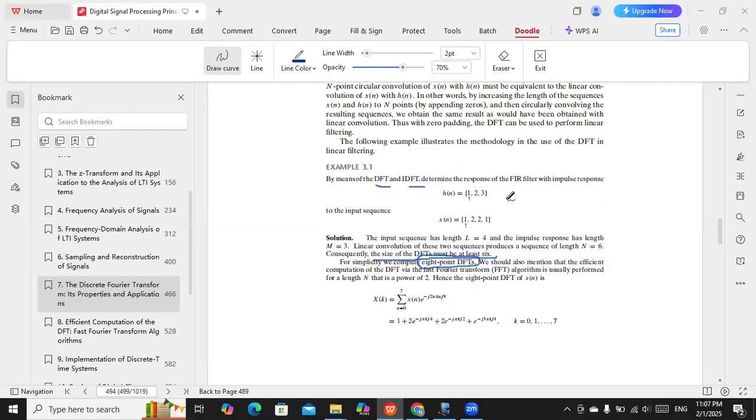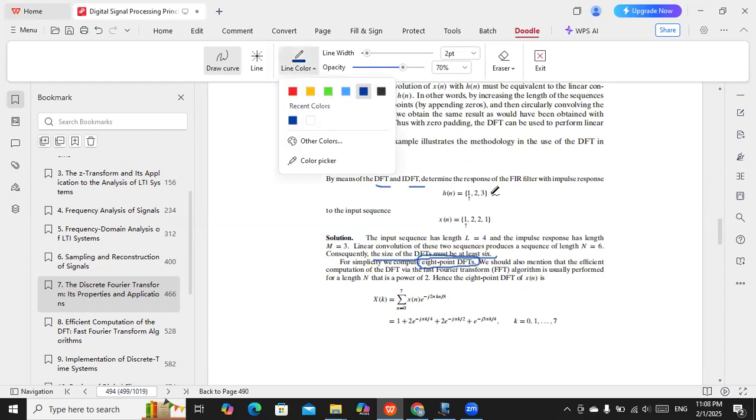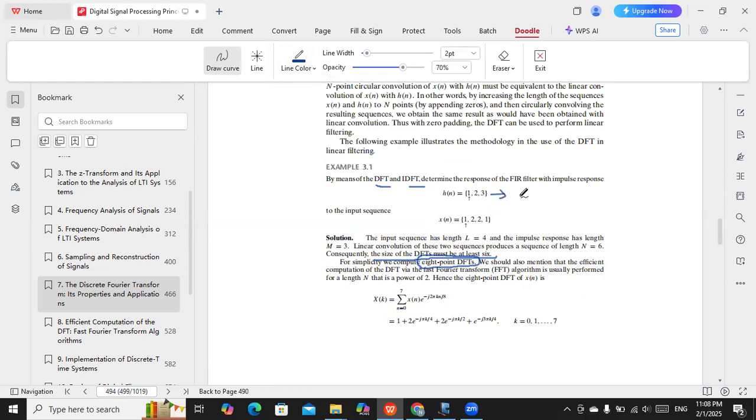This is the example. What you need to do here is find the 8-point DFT of h(n). That means you need to add 5 zeros here, so the length is 8, and k goes from 0 to 7.